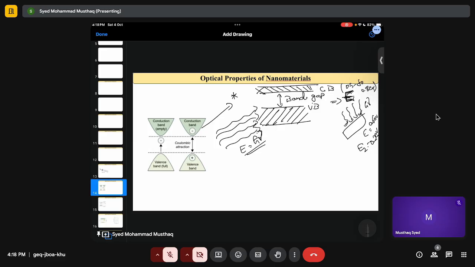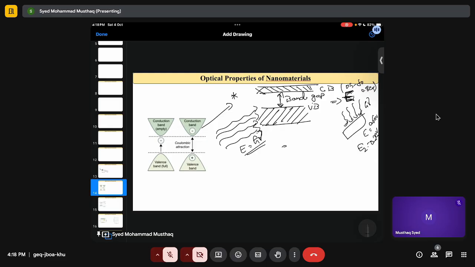Now, whenever I apply 0.6 electron volts, and let's say the band gap is 0.6 electron volts, then what happens?